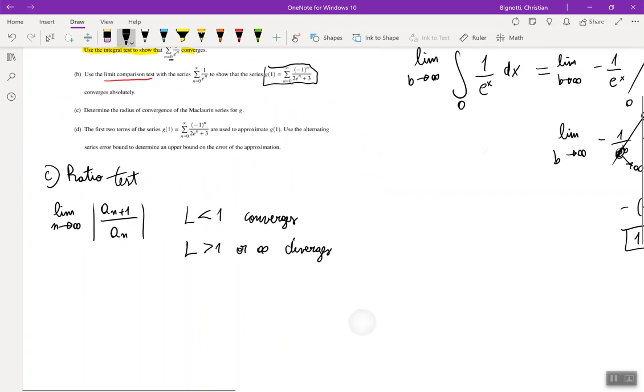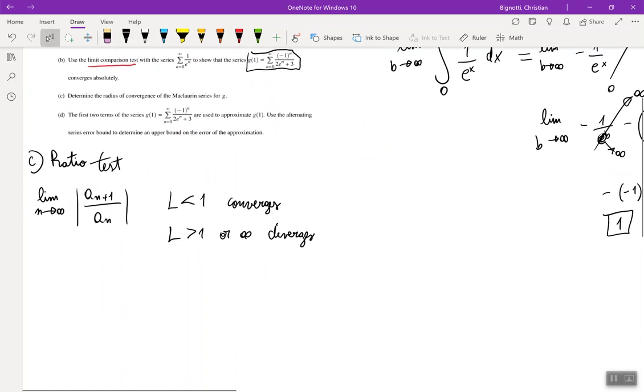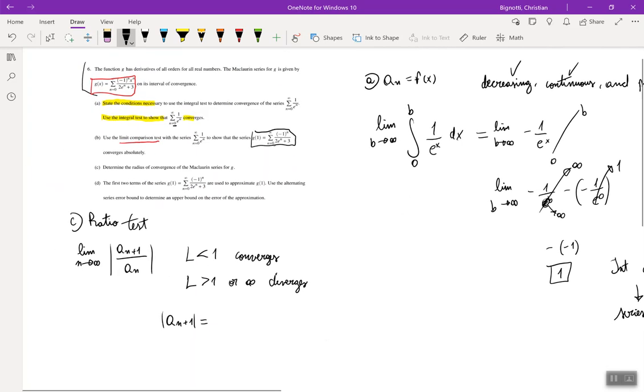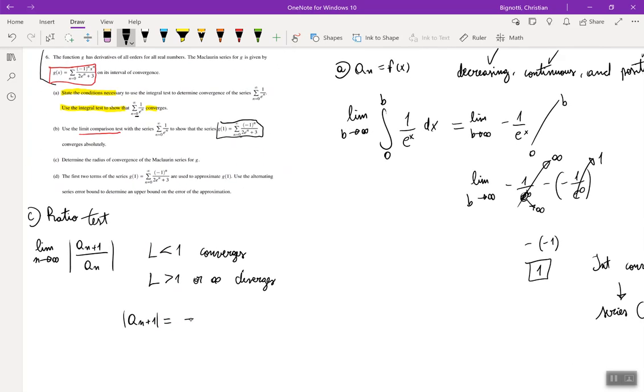So, getting right into it, a_(n+1) would be (-1)^(n+1) x^(n+1) over 2e^(n+1) + 3.